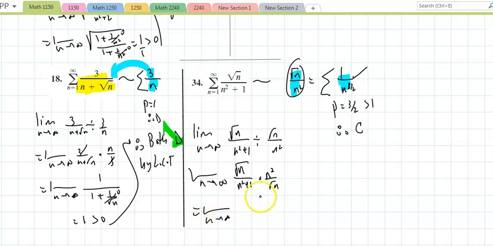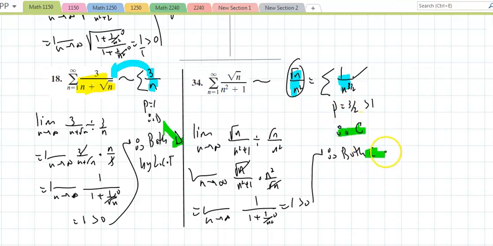So if I really look at this, this cancels with that, and I'm going to divide by the highest power term of the denominator. Again, whatever this says, this is the conclusion. Both converge by limit comparison test.